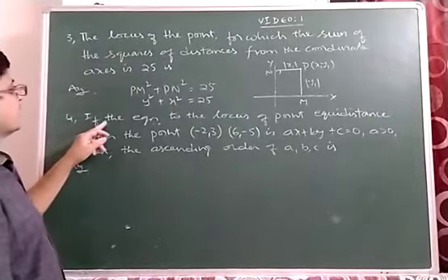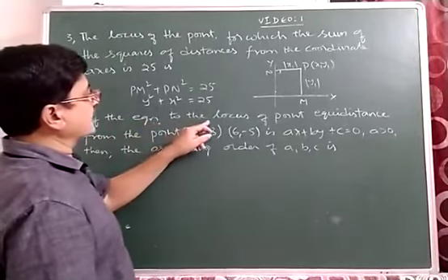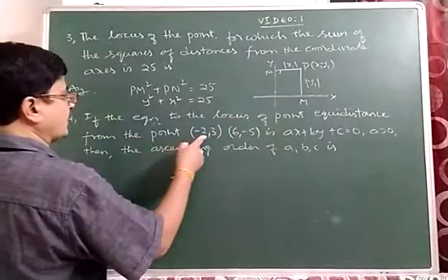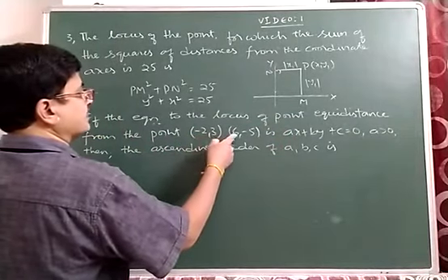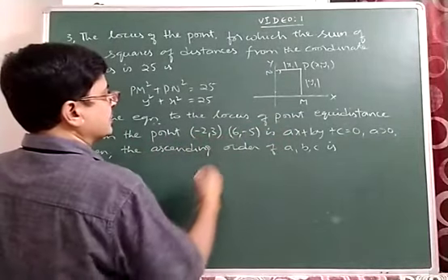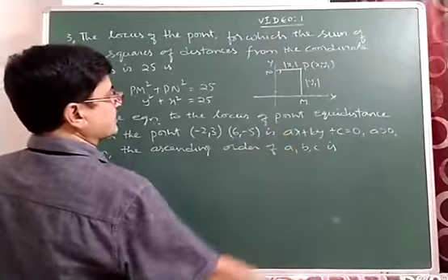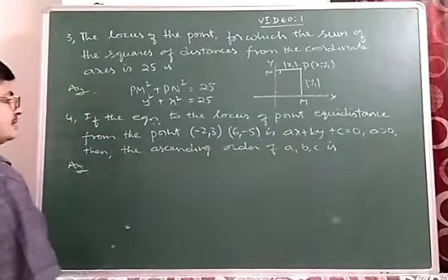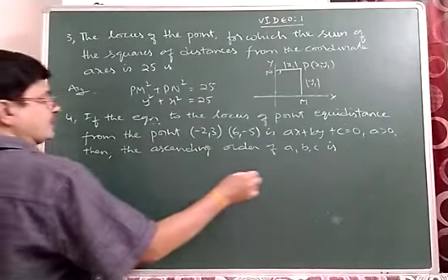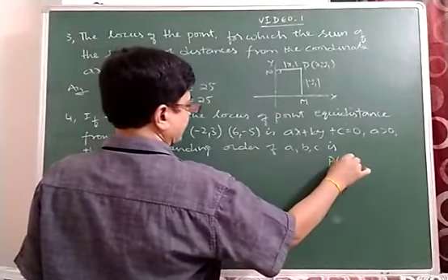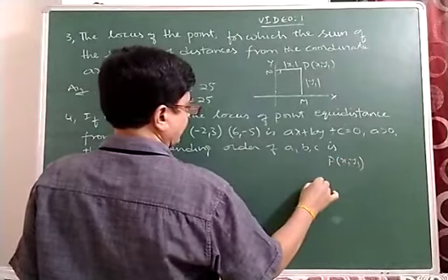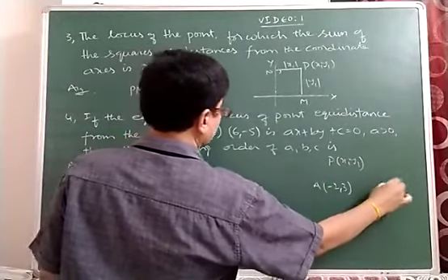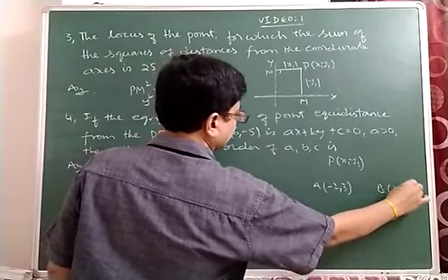Fourth question. If the equation to the locus of point equidistant from the points (-2, 3) and (6, -5) is ax plus by plus c is equal to 0, then the ascending order of a, b, c is. So for example, this is the point P(x1, y1) and A is a point (-2, 3) and B is another point (6, -5).